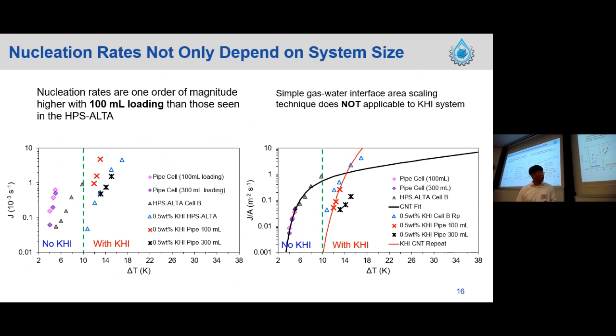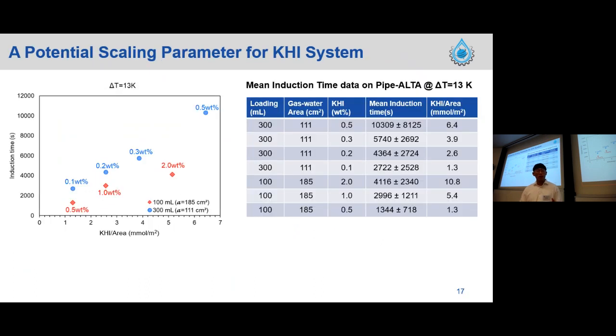So if we plot the induction time we obtain from the KHI system against the moles of KHI per surface area, then we will see a very interesting situation. If you focus on this point, we have 0.58% of KHI in 300 ml liquid loading.